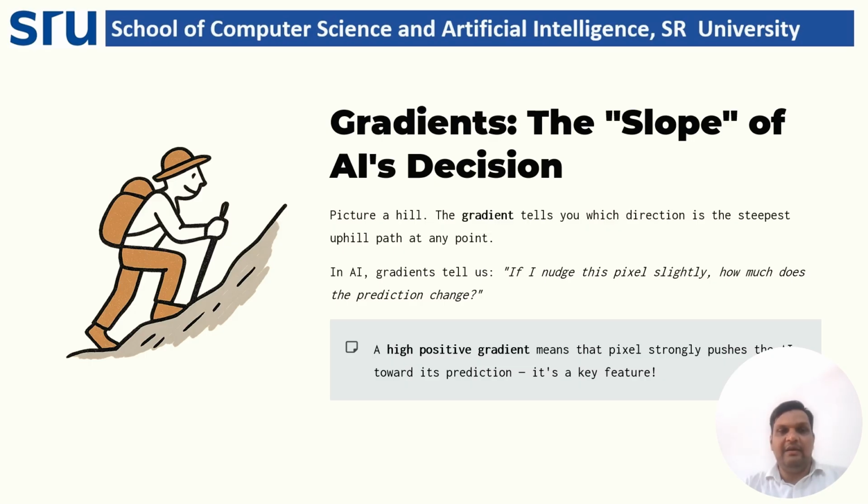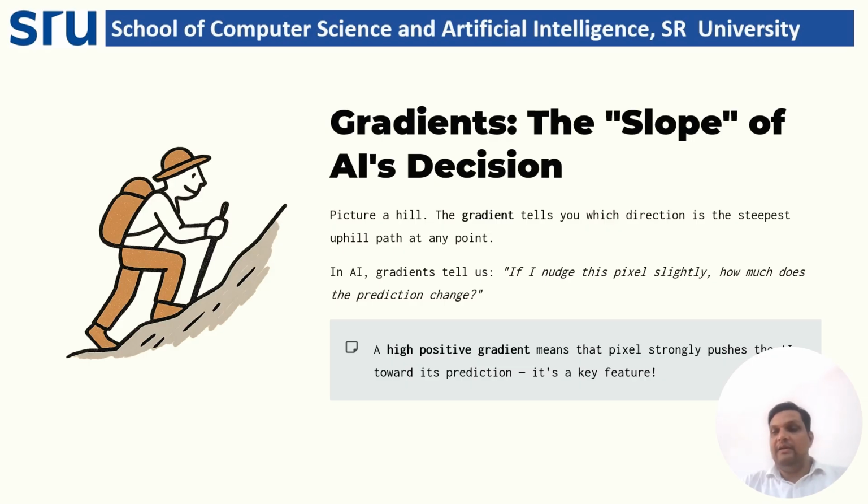In AI, the gradient tells us, if I nudge this pixel slightly, how much does the prediction change? A high positive gradient means that pixel is strongly contributing toward its prediction. It's a key feature.